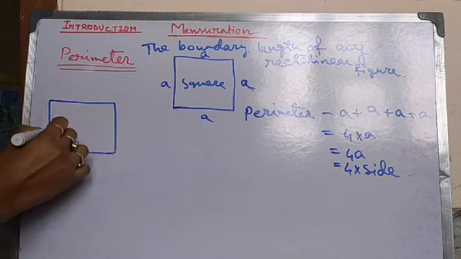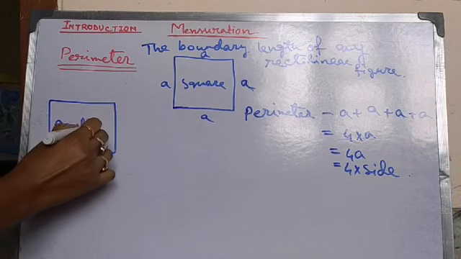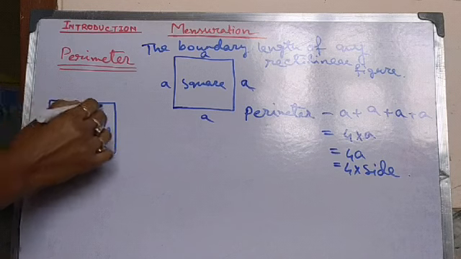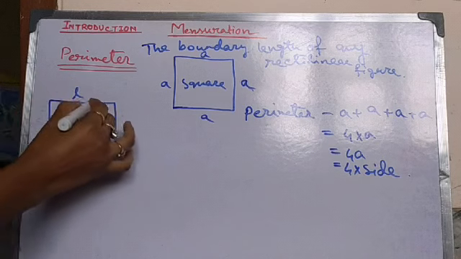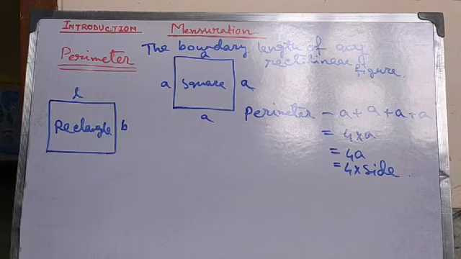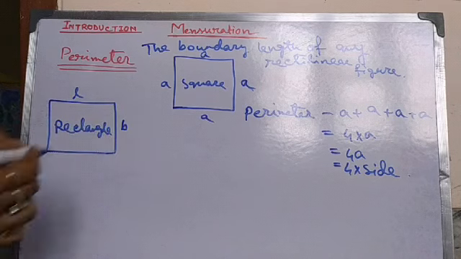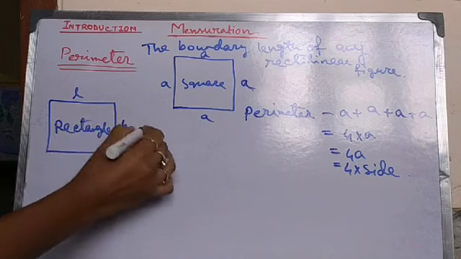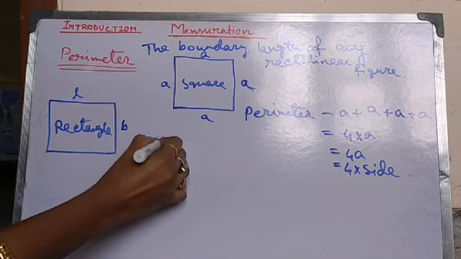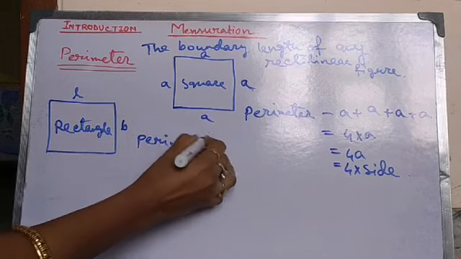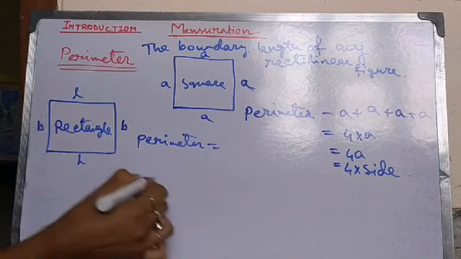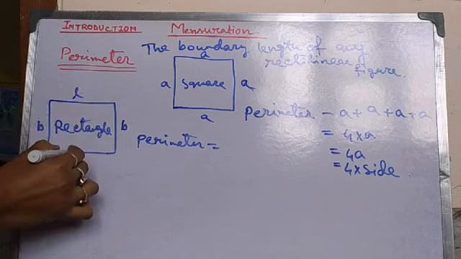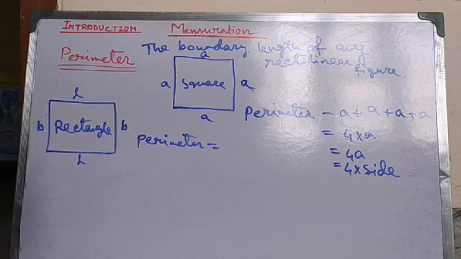Now coming to the rectangle. This is a rectangle. Here this side I denote by small l, not capital L, small l, and this is small b. This is length and this is breadth. So the perimeter of the rectangle is l plus b. This is also l, this is also b, because opposite sides of a rectangle are equal.